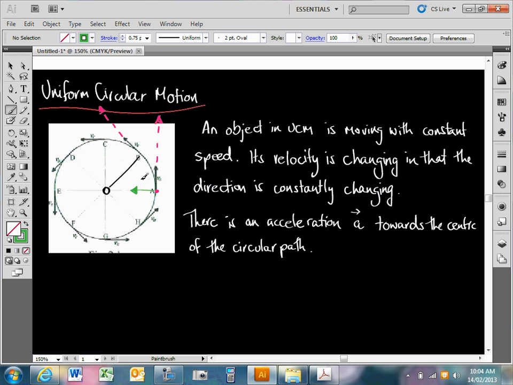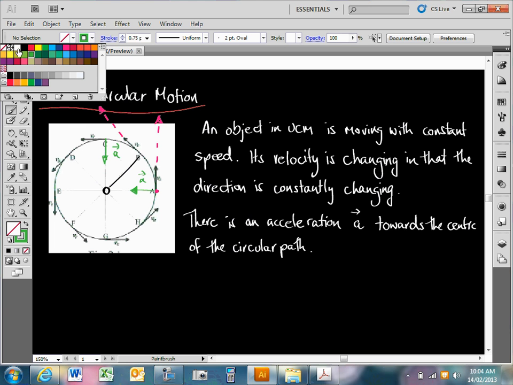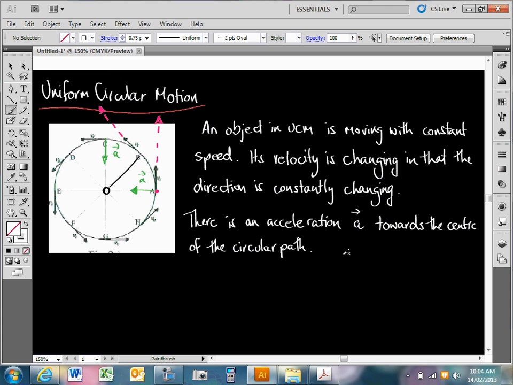Okay, there's our acceleration there. And at each point, I could choose any point here, it's always going to be pointing towards the center. And remember, we can say this by our acceleration is equal to the change in velocity per unit time. It looks like that's delta there. Change in velocity divided by the change in time.